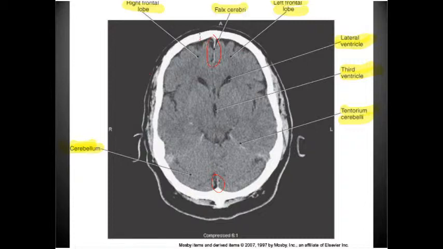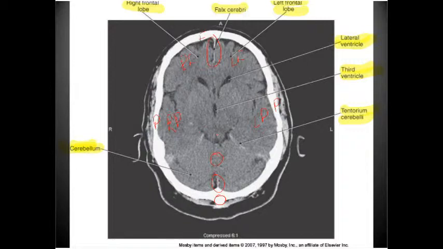We have the frontal, parietal areas, and we have the occipital region. So this is the right frontal, this would be left frontal, and this would be left parietal, right parietal, and then the occipital region of the brain.